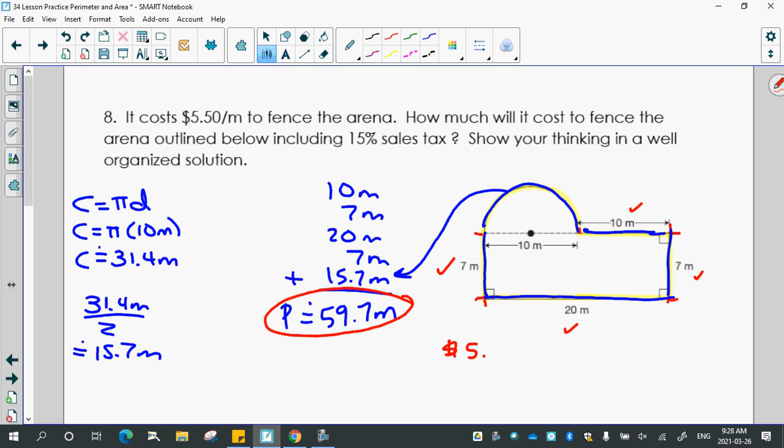Okay, so $5.50 times 59.7, that gives me the cost of the fencing. So that means it's going to cost $328.35 before taxes, this is before tax, to buy the fencing I need.